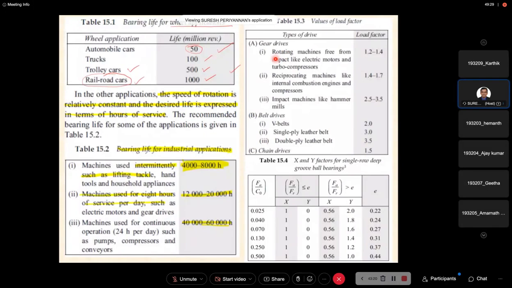Now the load factors are used in applications involving gears, belt drives and chain drives, right?